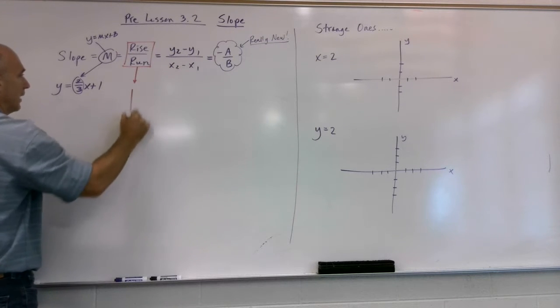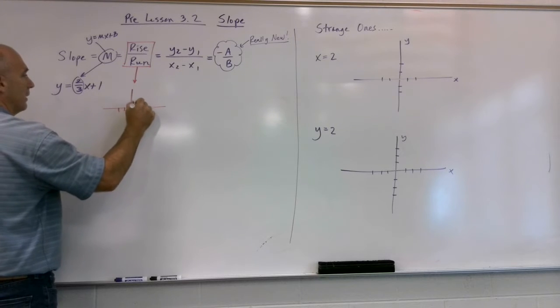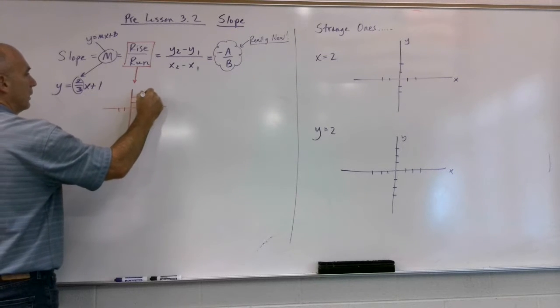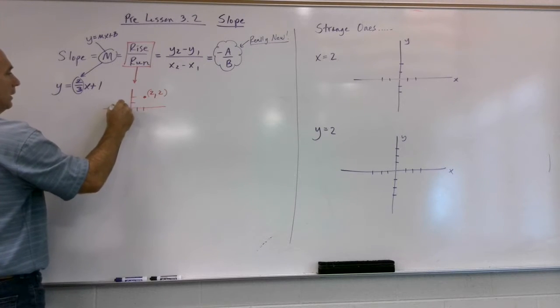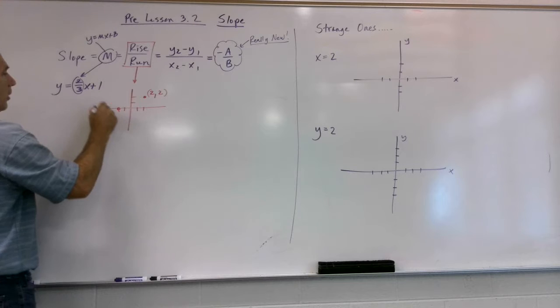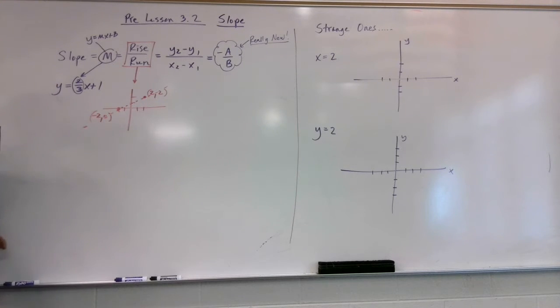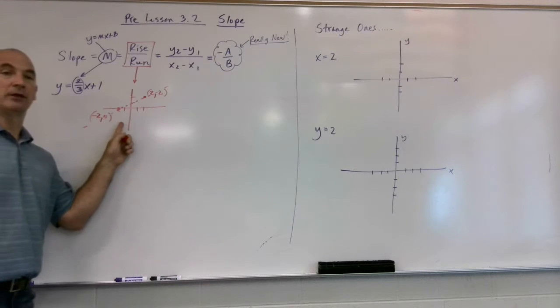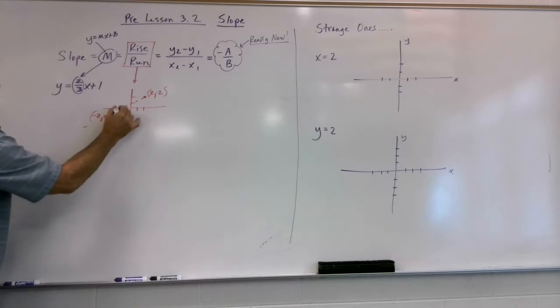When would I use rise over run? Well, if a problem's like this, and let's say I have a point at (2, 2), and maybe I've got a point here, (-2, 0), and I've got a line going through that, and the problem says, hey, what's the slope? Now this is more of a visual image of what slope is. I would start here.